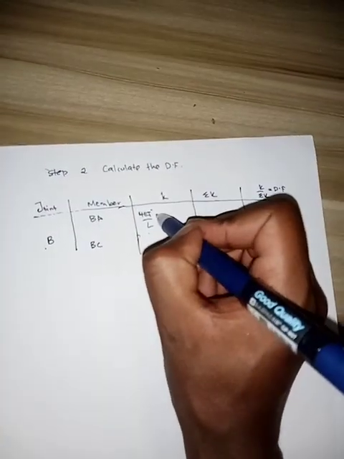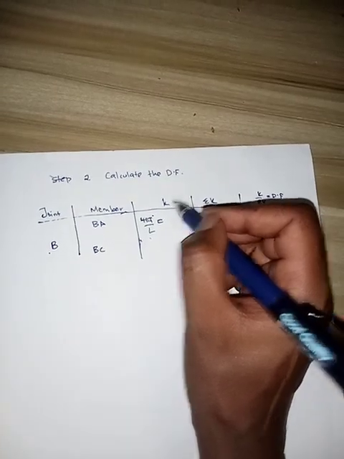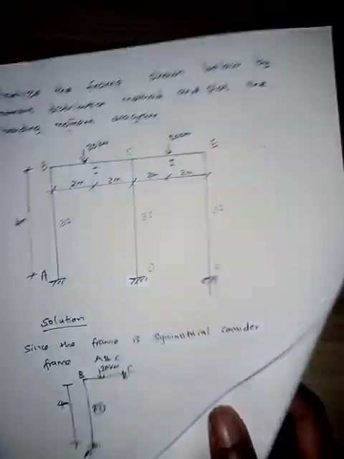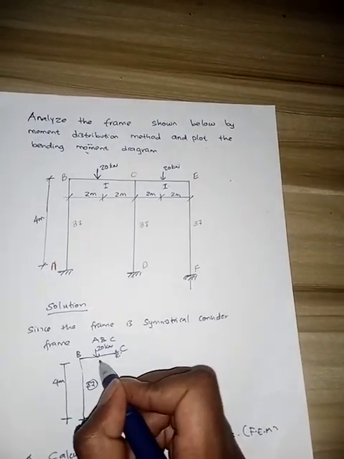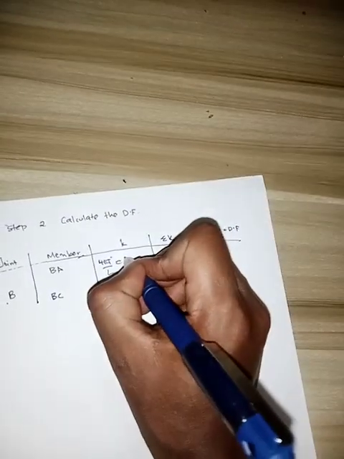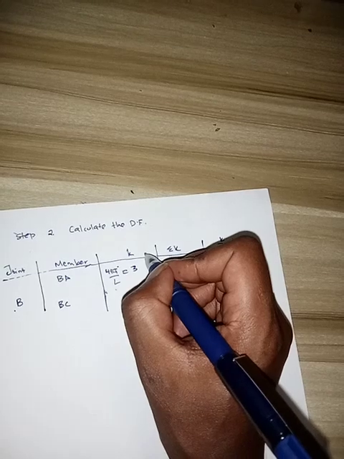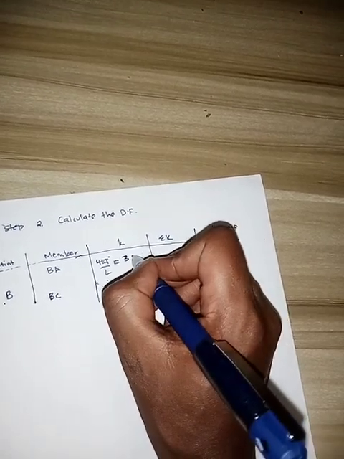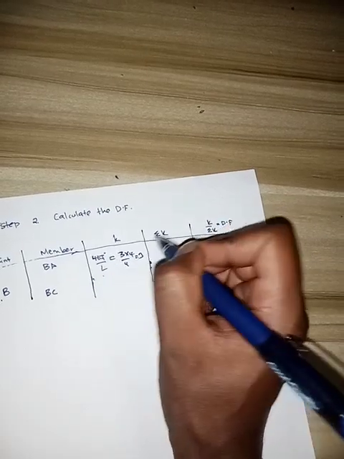So for BA, the stiffness factor is 3I and this one is I. So this one you'll have 3 times 4 over 4, which will get 3.